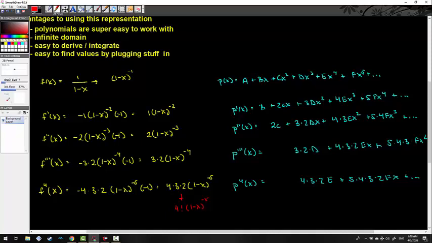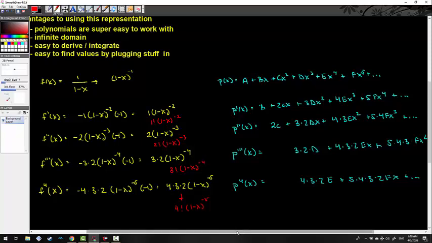This 3 here is really 3 factorial, 3 times 2 times 1, so I can call it 3 factorial times 1 minus x to the negative fourth. This 2 here is really 2 factorial times 1 minus x to the negative 3. Now, 2 factorial is 2, so we're not going to worry about it, but just to keep things as clear as possible, this is technically 1 factorial and then 1 minus x to the negative 2.